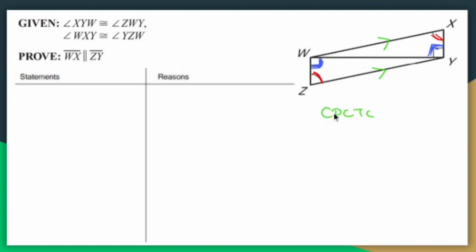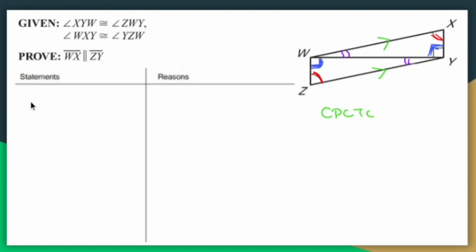So what I can do is if I show that these two triangles are congruent, then I can prove that these angles are congruent, which means I can show that blue plus purple is congruent to blue plus purple, which means by definition of alternate interior angles, I have parallel sides. I know that's a lot.